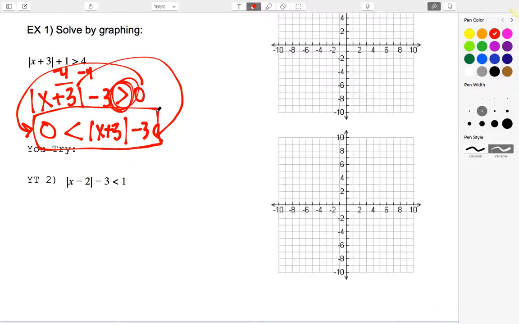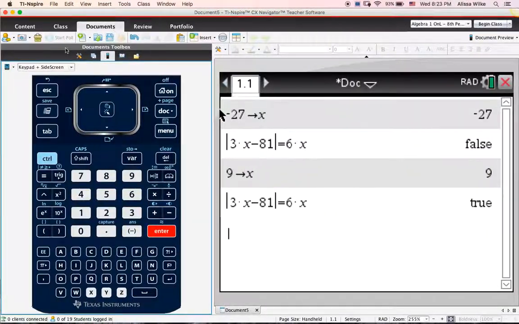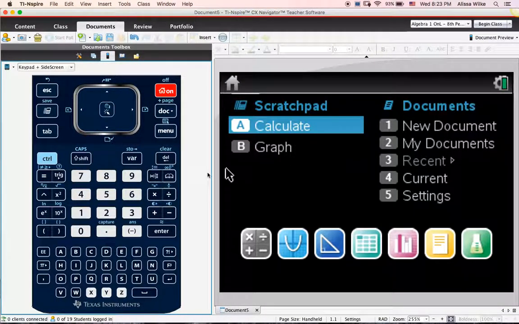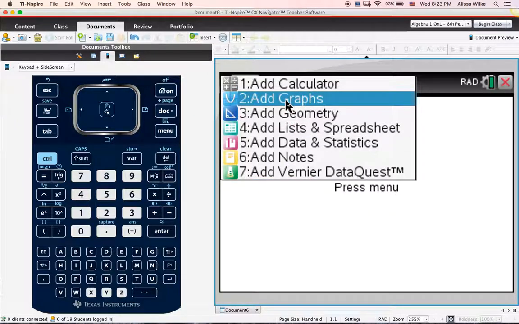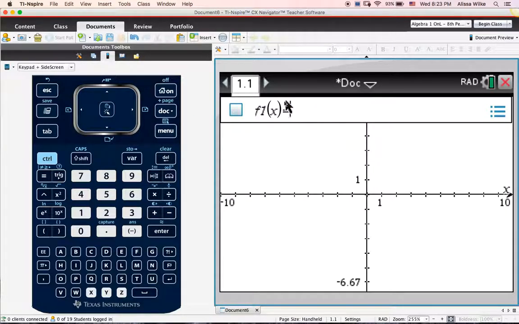So I'm going to show you guys how to do that in your calculator. I definitely need to have a new document, and I need it to be a graph. When I do this, you'll notice that there is an equal sign here. If you hit the delete key and delete the equals, you can now choose what kind of inequality sign you want.